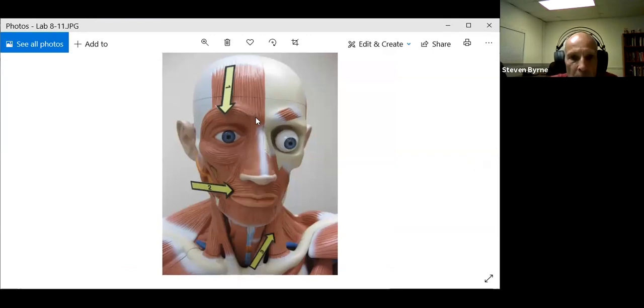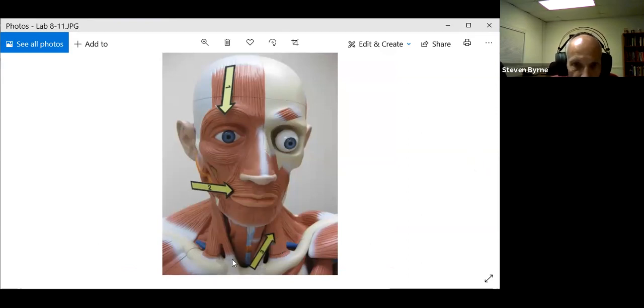So this is orbicularis, and remember binoculars when you have 2 of them, but this is oculi. So it's orbicularis oculi. It allows you to wink or blink. Orbicularis oris, right here around the mouth, number 2. Number 3 is basically the sterno, that's the sternum part, and the clavicle.